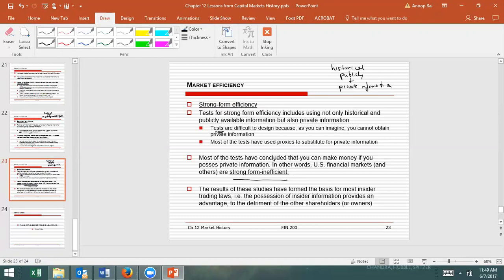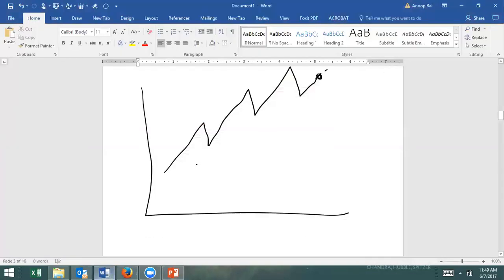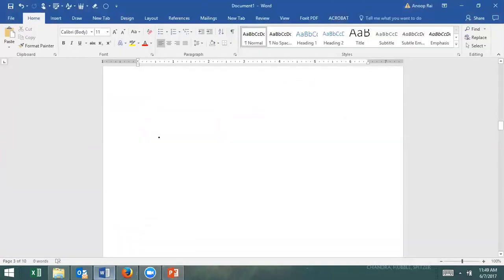And because of these studies, we have the insider trading laws. The argument is very straightforward: if you're a company and there are 100 shareholders, it is not fair that 2 shareholders have some private information and therefore either sell the stock or buy the stock.